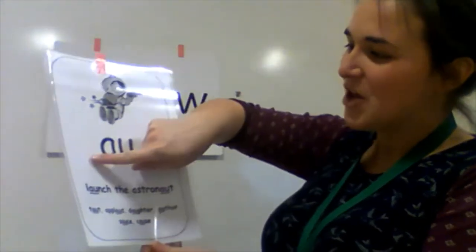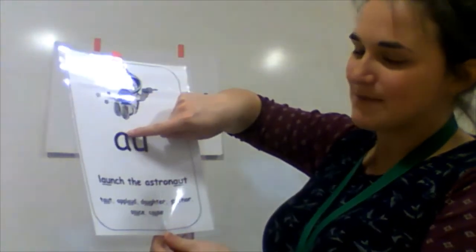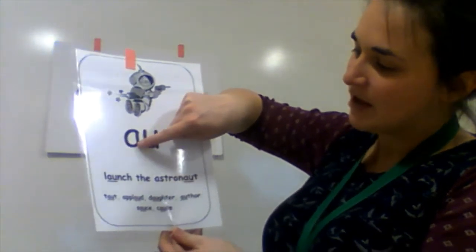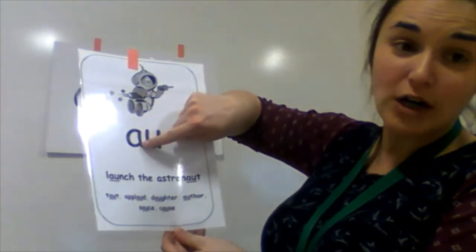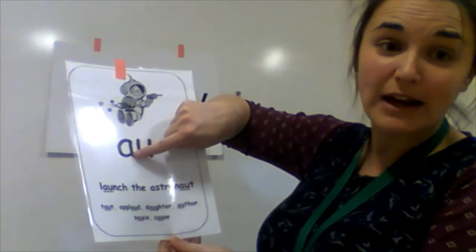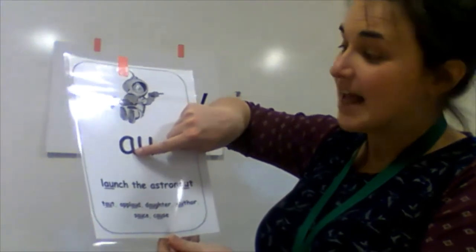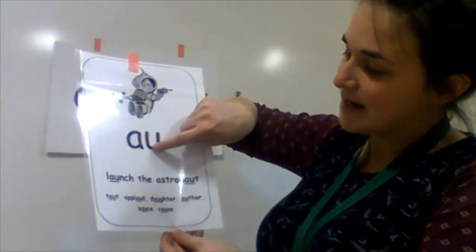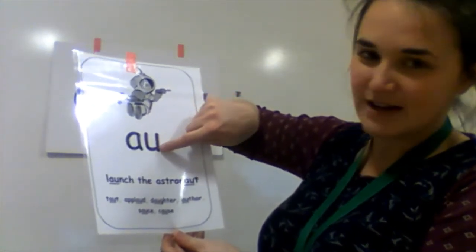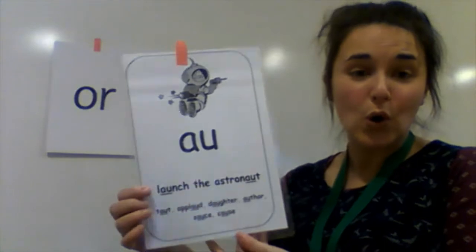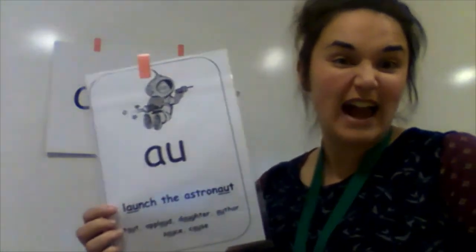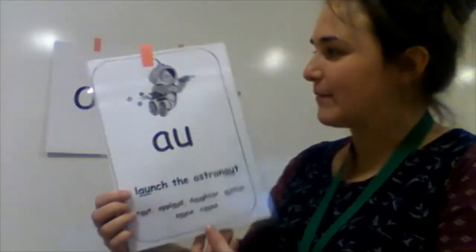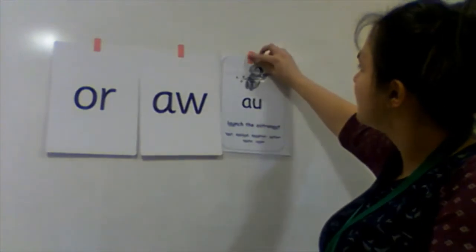Here we go. We're going to lead in for the A, make your curly K, join it up, and then I'm not going to take my finger off because I know I can do my cursive writing and lead straight into my U. Up, down, up, down. Or, launch the astronaut. I'm going to put it up on my board.